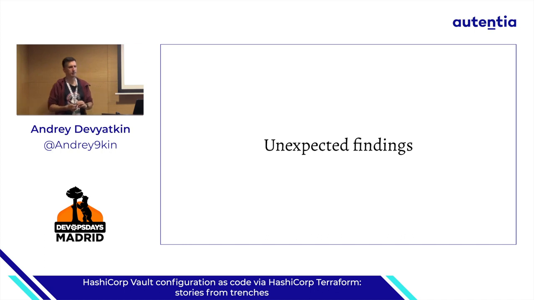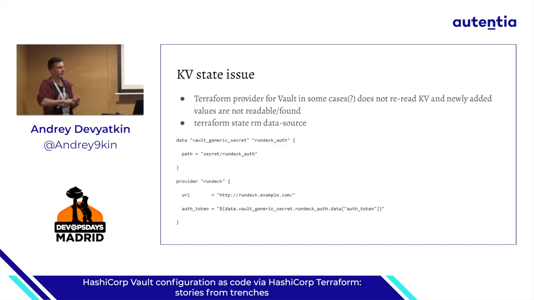Unexpected findings. There is a KV state issue when you work with a KV via Terraform. You might create the KV, and then you use something called a data resource in Terraform, and data allows you to read something that's not created by Terraform, or not by this Terraform spec exactly. So we're saying, well, go read this KV from Vault and then use those values in here.